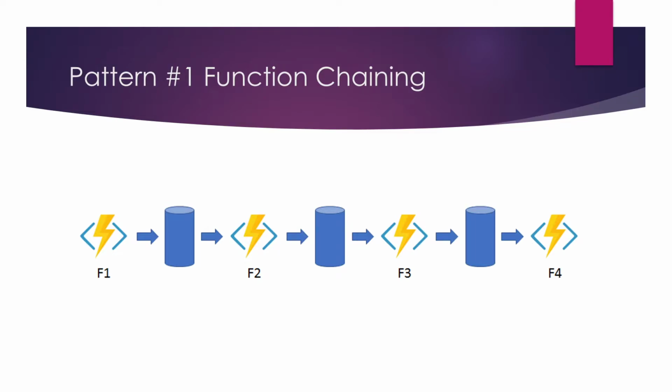Quite simple. If you have situations whereby certain processes need to happen in a particular sequence, and you require the output from the previous function run to be passed as an input to the next one, then function chaining is the option for you to go with.